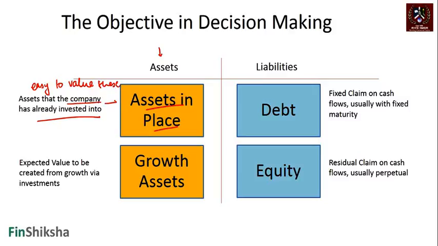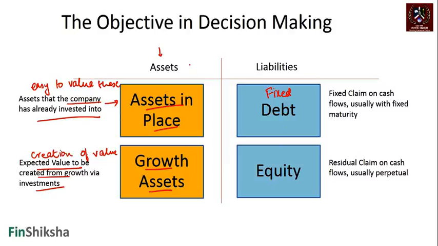We have a value available for these. They are available in the market, right? There are other growth assets, which is what will you create. This value is the creation of value from future investments, right? So that's what the company is going to evaluate. Then we have a fixed liability, which is debt. It has to be given out at a certain maturity, and that's fixed for the firm.